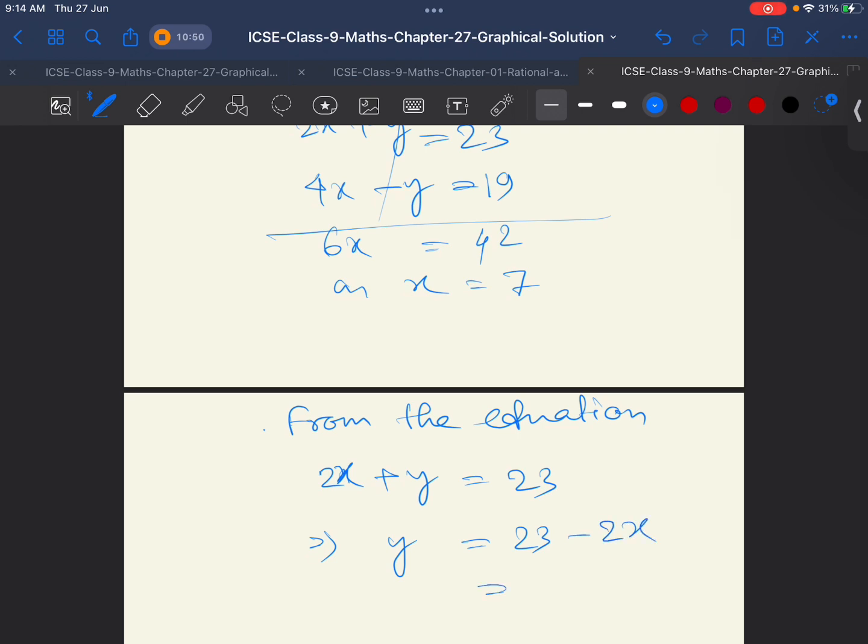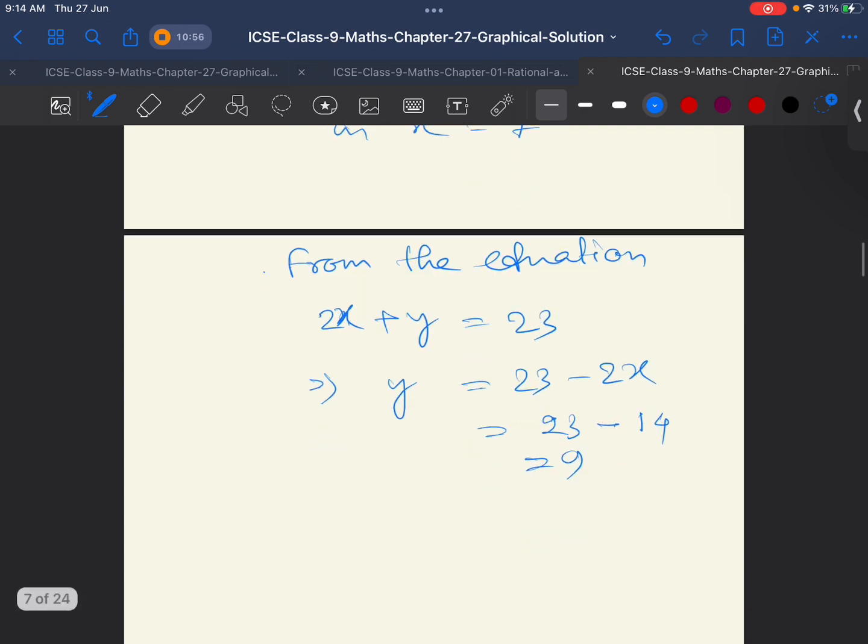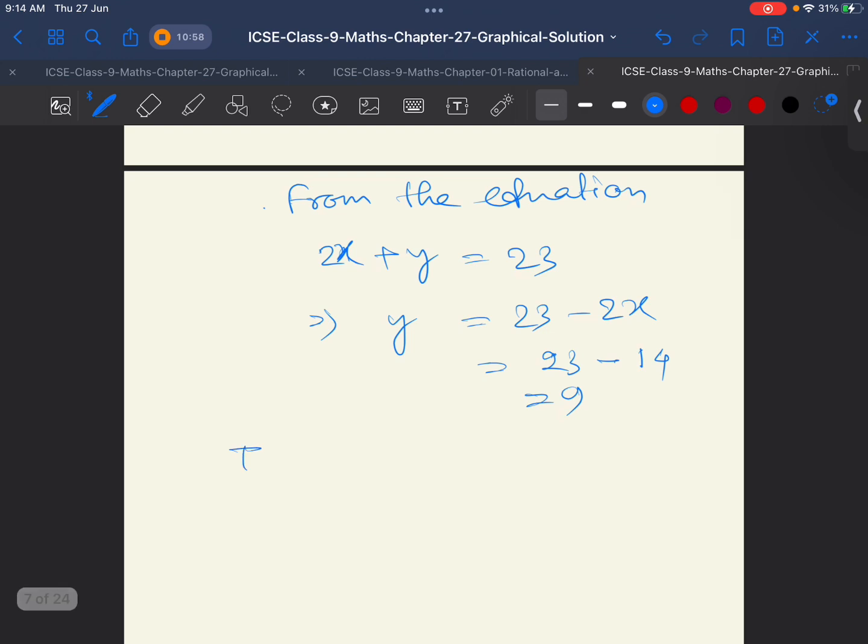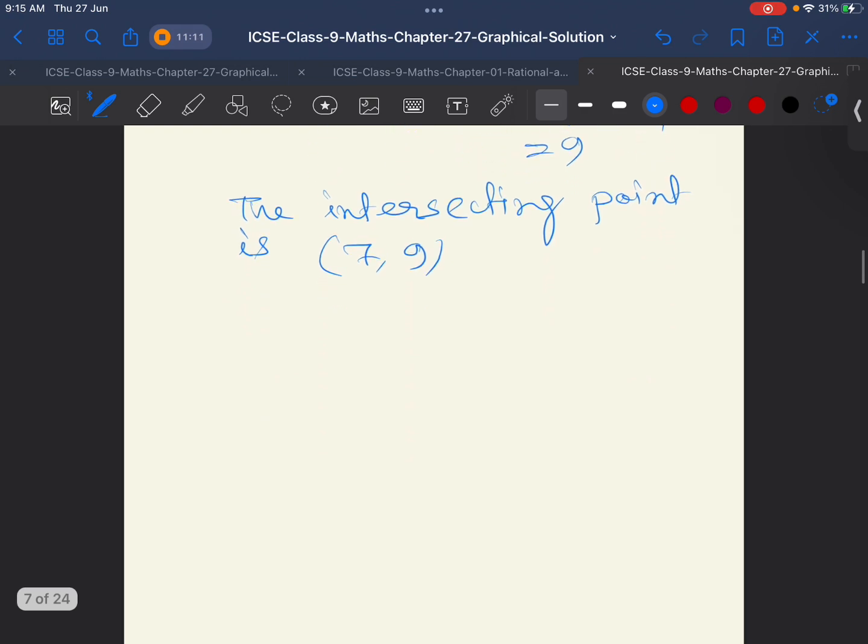Now put x equals 7, then we get 23 minus 14, which is 9. So the intersecting point is (7, 9). Okay, now the question 3.